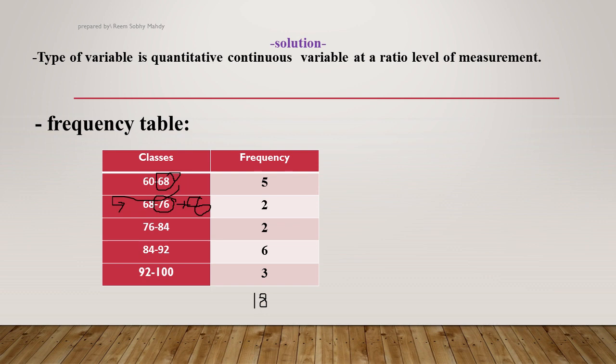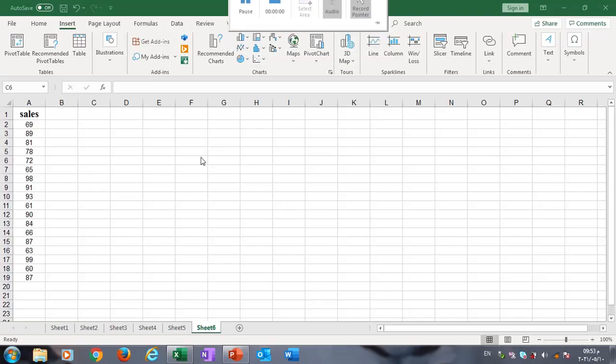The requirement number 3 now is to display this frequency table on a graphic presentation by using Excel. So let's go to Excel and know how to present or display this frequency table graphically.